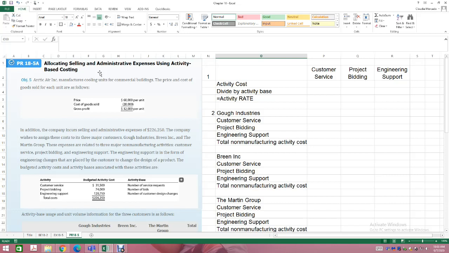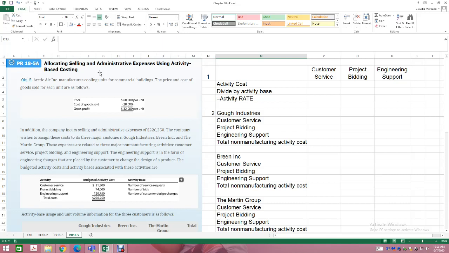Okay. Now, in addition, the company incurs selling and admin expenses of $226,250. That's a lot. Okay? The company wishes to assign these costs to the three major customers, which include Go Industries, Brin Incorporated, and the Martin Group.